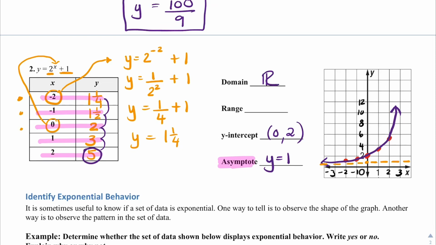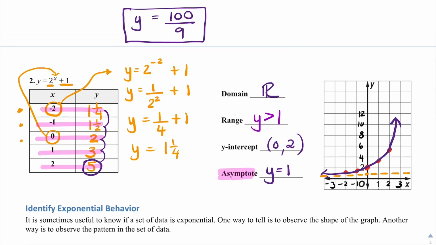My asymptote is the value to which my curve gets super close but never actually touches. My asymptote obviously affects my range, so my range is all positive values for y as long as they are greater than 1. And remember, I figure that out by looking at my table, and I try and figure out which number I get really close to but never actually touch.